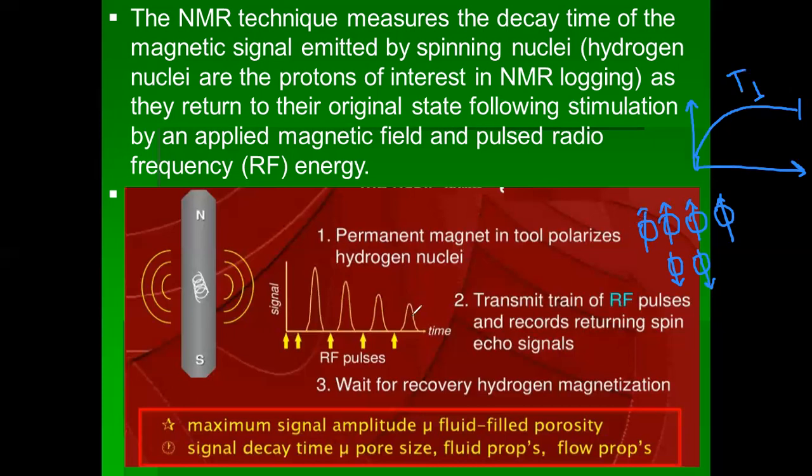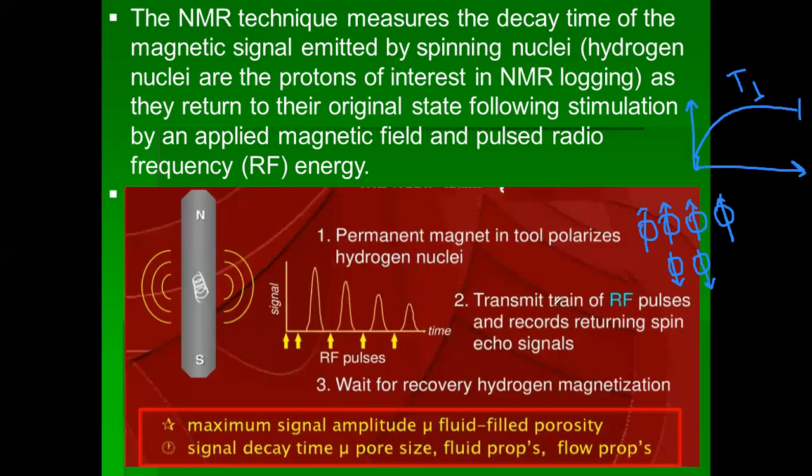The second step is to apply a sequence of radio frequency pulses. These radio frequency pulses will exert an alternating magnetic field on the protons that will tend to tip the direction of the spin of protons into a new direction.